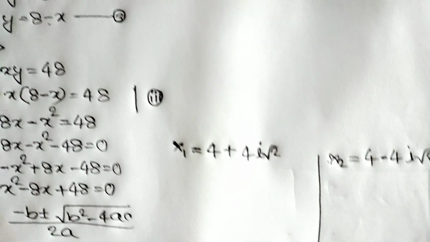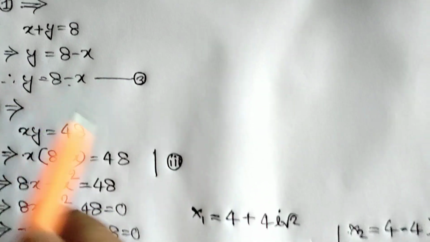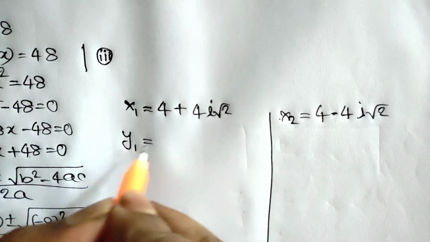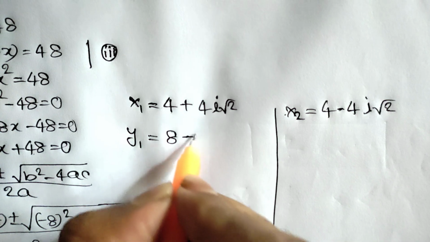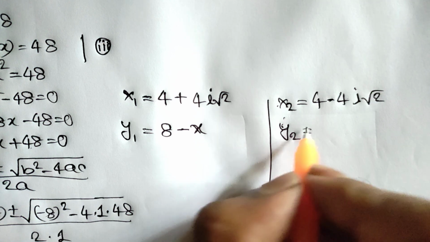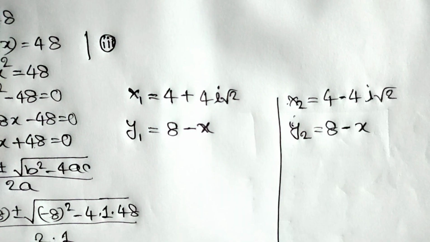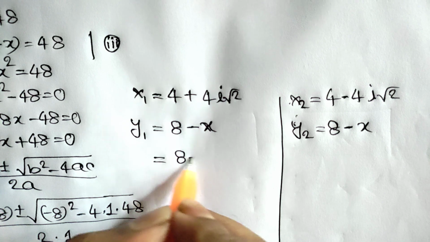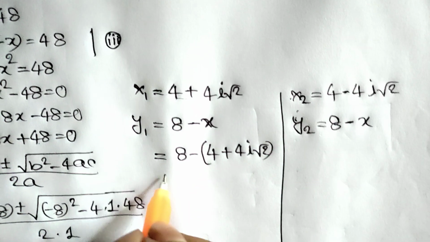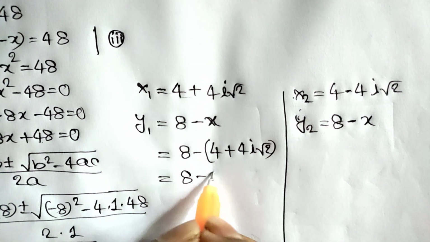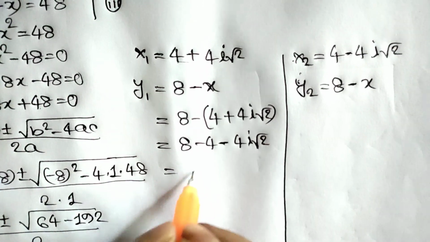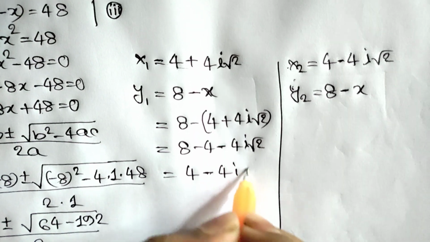Now from equation number 3, y is equal to 8 minus x. So when x1, y1 is equal to 8 minus x, and y2, when x2, so y2 is equal to 8 minus x, is equal to 8 minus 4 plus 4i square root of 2, is equal to 8 minus 4 minus 4i square root of 2, is equal to 4 minus 4i square root of 2.